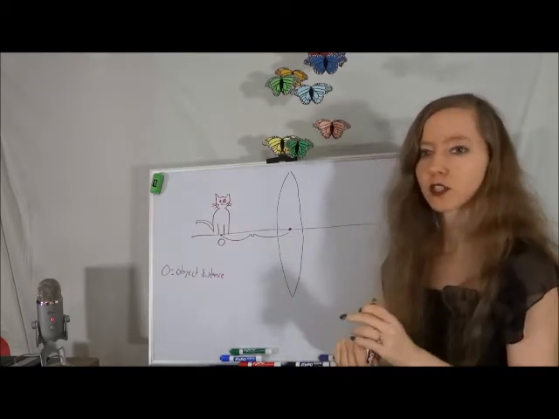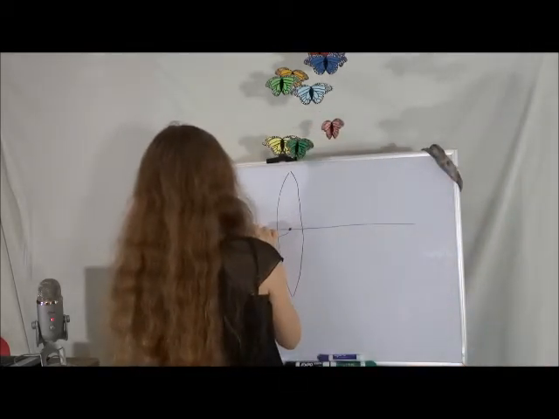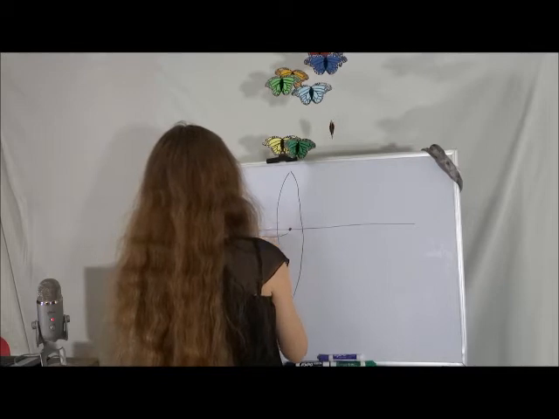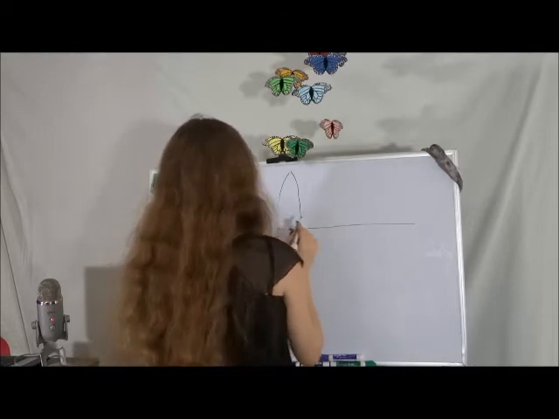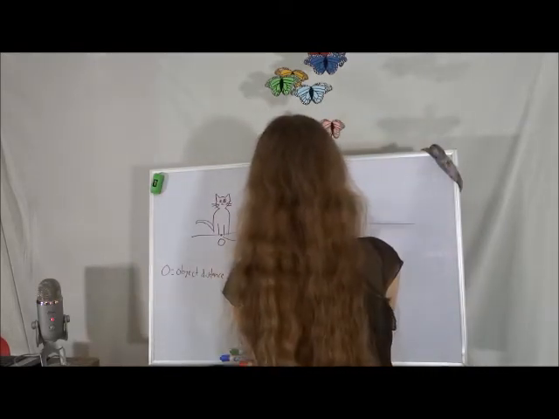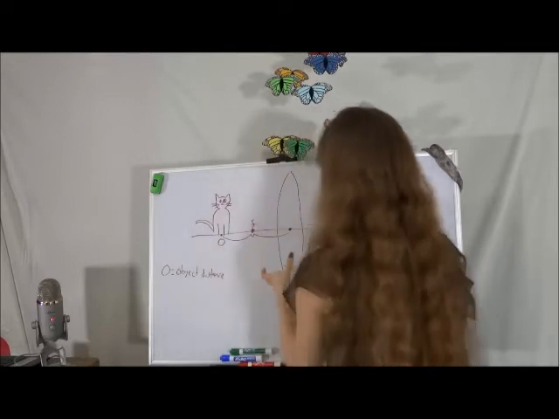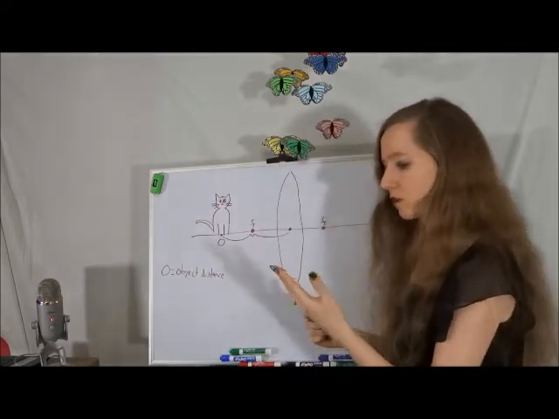Now I also have what's called a focal length. So I'm going to make our focal point here. I'm going to denote it with an F. And the focal point you draw symmetrically on either side of the lens, so this is our other focal point F. And the focal length is just the distance that it takes for you to focus.